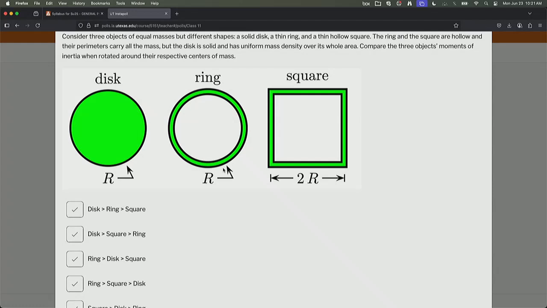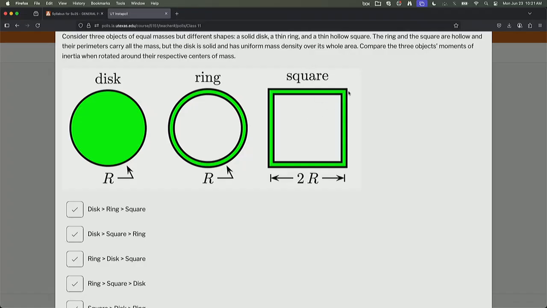There's no other option. It's a circle. But if you look at the square, some of it is r distance away. This is 2r. But if you go from the center to the edge here, that's the distance of r. If you go from the center to the top, that's a distance of r. So there are certain parts of the square that have the mass distributed just like the ring does.